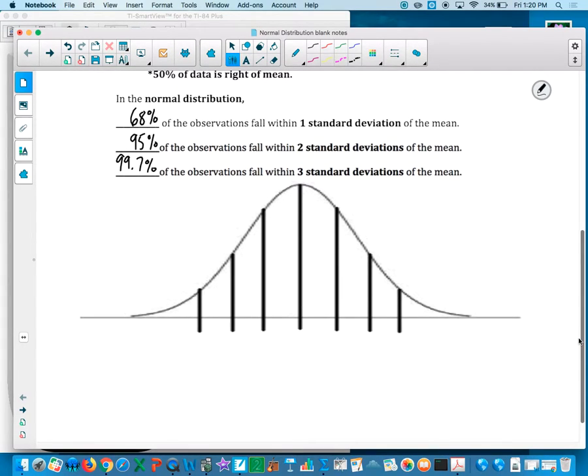All right, so I'm going to label this actually with numbers and then talk about what that means underneath. I'm going to put a 0 underneath where it says mean. And then we have standard deviations to the right and to the left. So I'm going to do plus for the right and minus for the left.